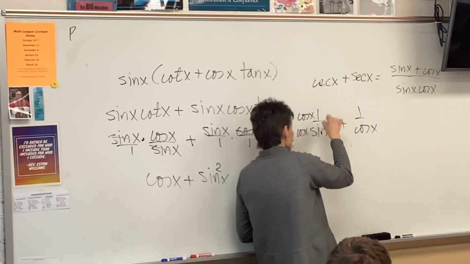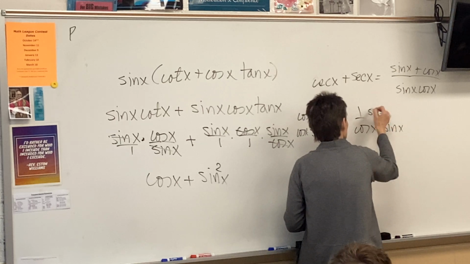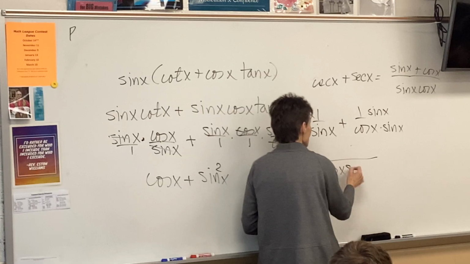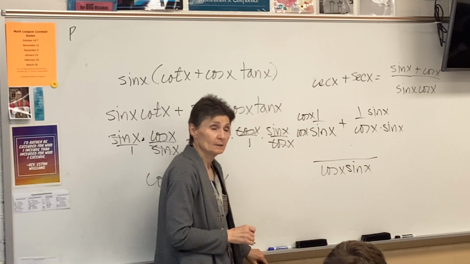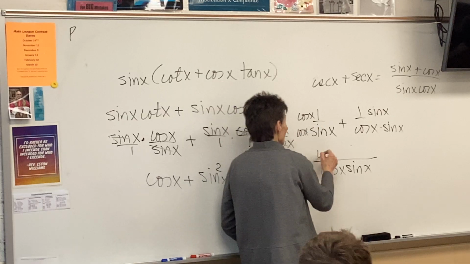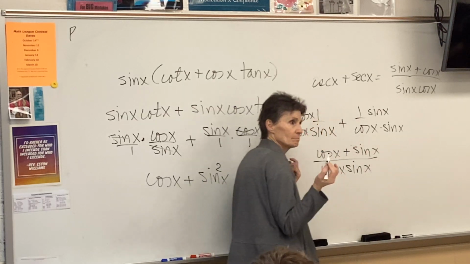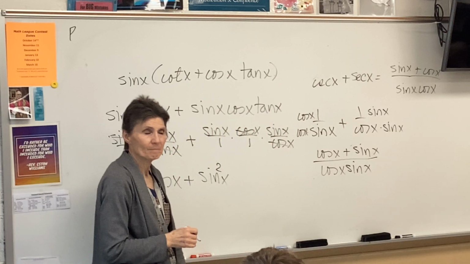So this one needs a cosine, and this one needs a sine. Now they have the same denominator, so I can write them as one fraction. And the numerator will be cosine. Is that what I wanted?